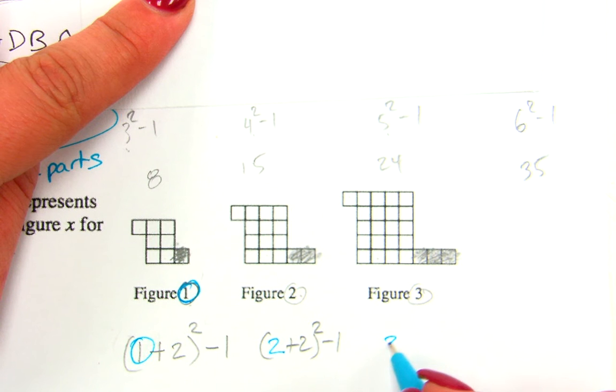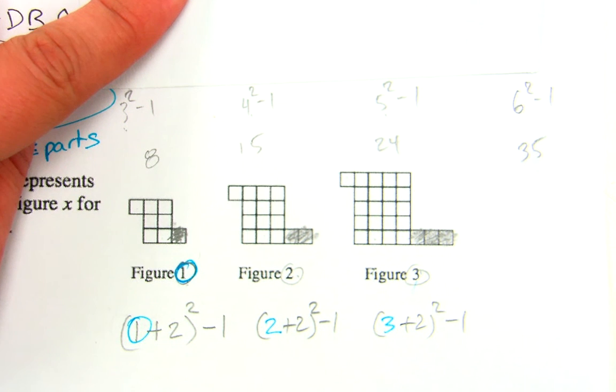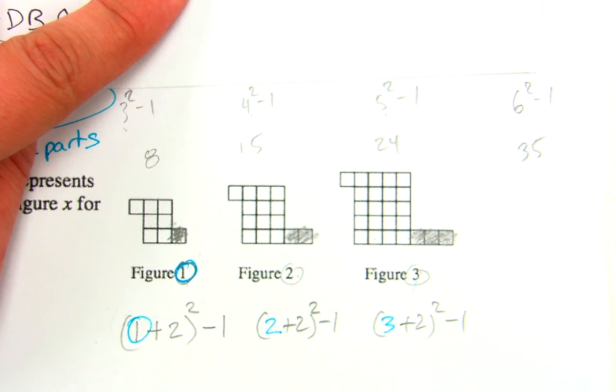If I take a 3, plus 2, squared, and then minus 1. All of these correspond the same way. So if you take the figure number, add 2 to it in parentheses, square it, and subtract 1, you get the total number of tiles.